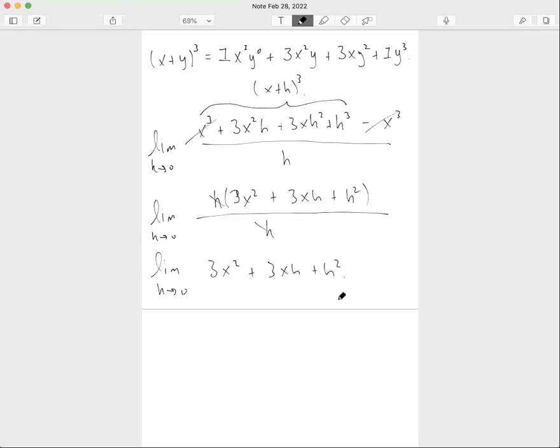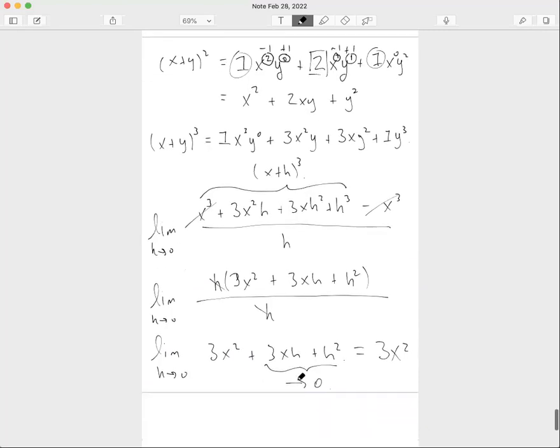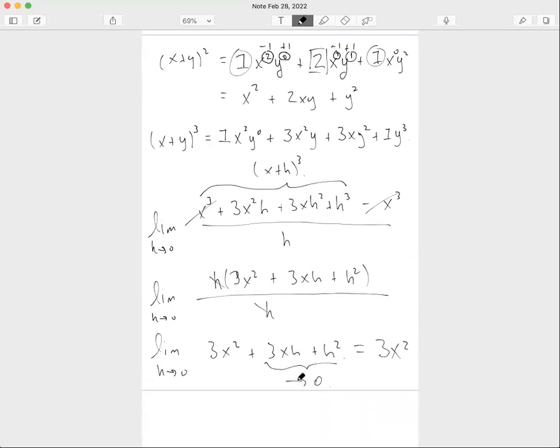What happens as h goes to 0? These terms go to 0. So that's 3x squared. All right, everyone see that?